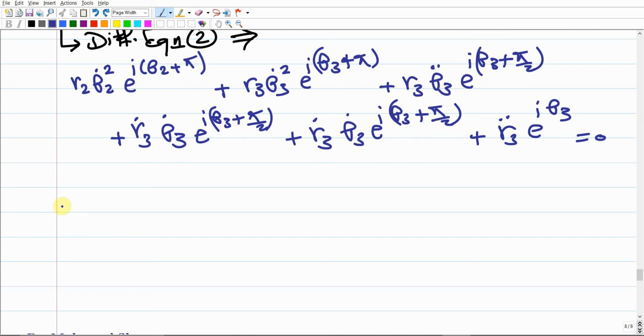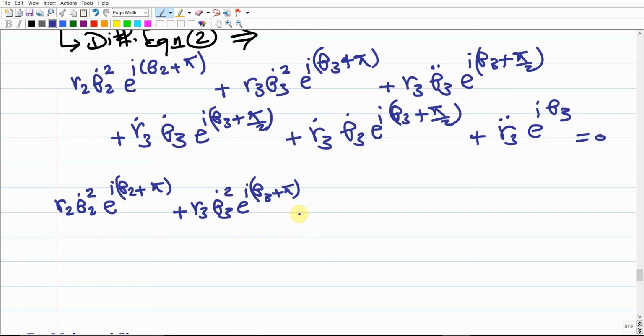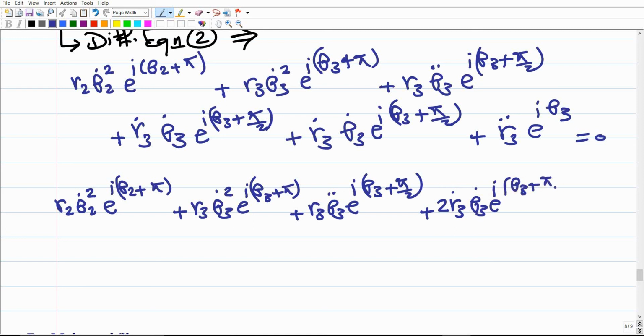So we're gonna end up with R2 theta 2 dot square, e^(i(theta 2 plus pi)), plus the R3 theta 3 dot square, e^(i(theta 3 plus pi)), plus the R3 theta 3 double dot, e^(i(theta 3 plus pi over 2)), plus this sum of these two terms, which gives 2R3 dot theta 3 dot e^(i(theta 3 plus pi over 2)).